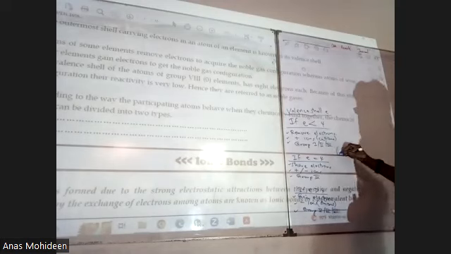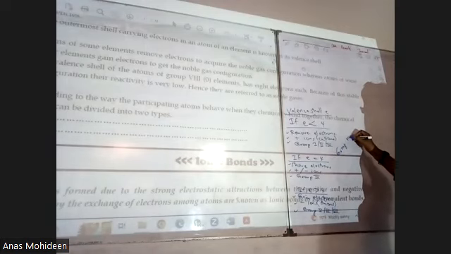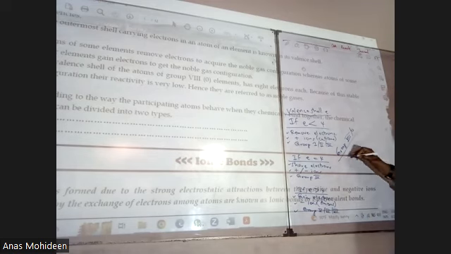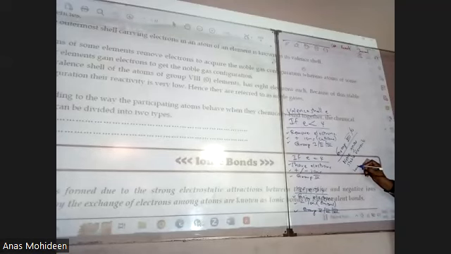So I can write it as group 8, or else we say group 0 also, right? They are noble gases, or else stable elements. Why? Already they are completed with the maximum number of electrons, so they have a stable electronic configuration.